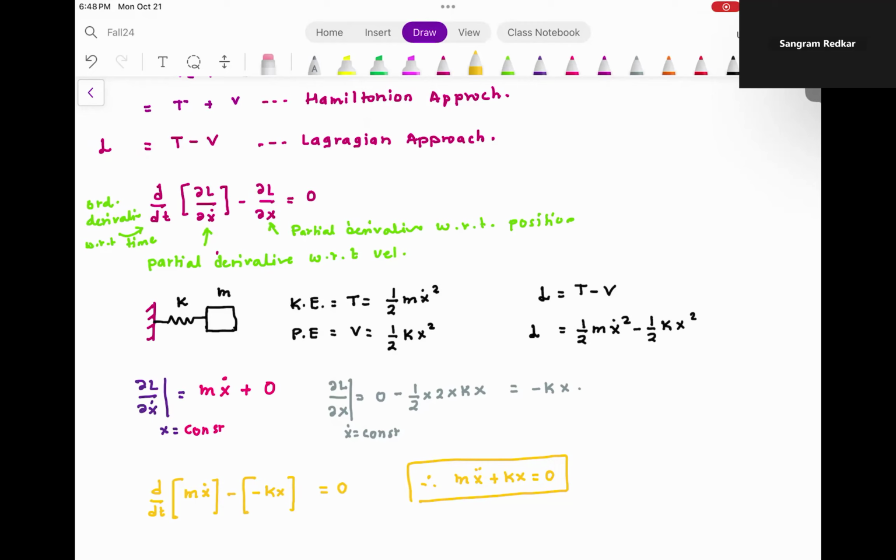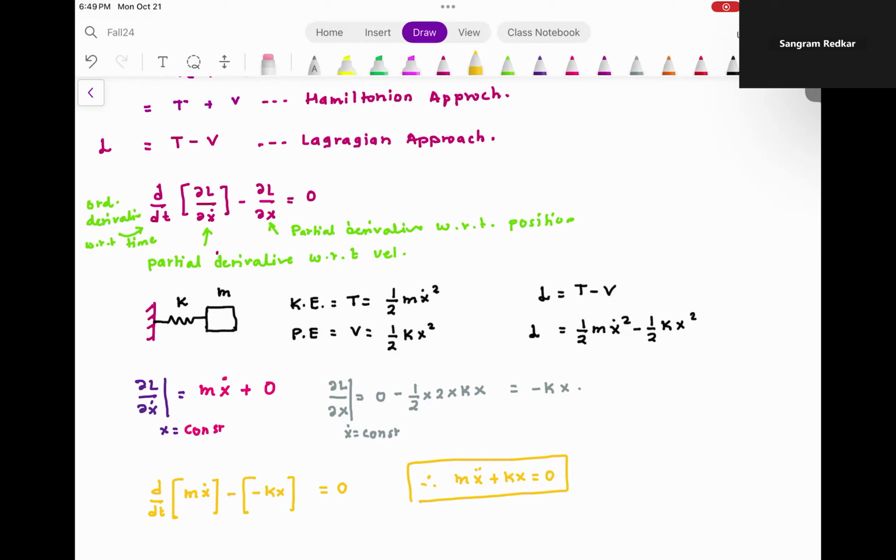Lagrangian approach works very well for what is called a discrete system, which means you have mass, you have mass, you have mass. Hamiltonian approach works very well when you have a distributed mass system. So the Hamiltonian approach is typically used if you are trying to solve a soft robotics problem, or those chemical robots, or robots that are in the form of a beam.